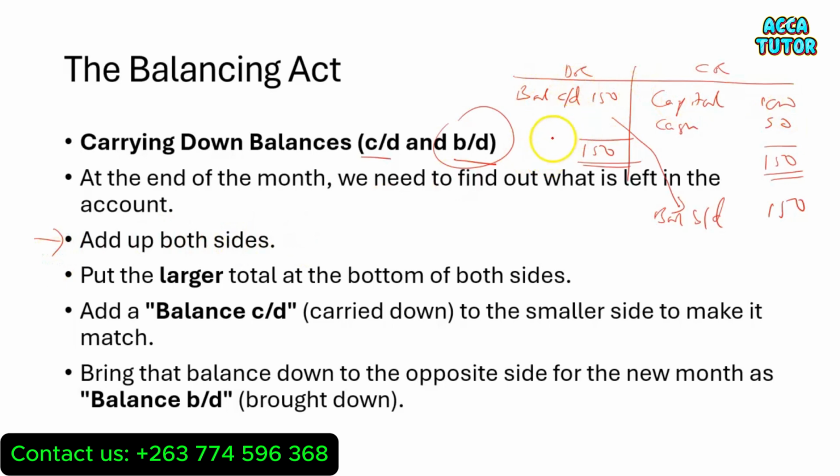We added up this side and that side, and then we put the larger total at the bottom of both sides. Remember, initially on the debit side there was nothing.